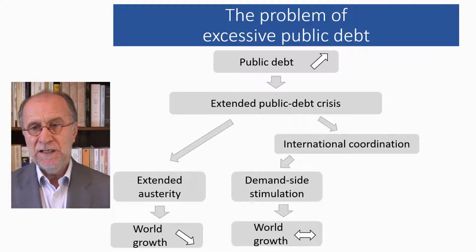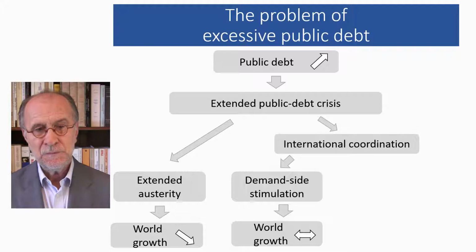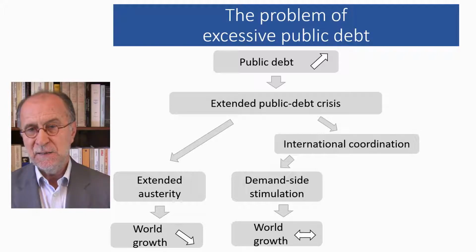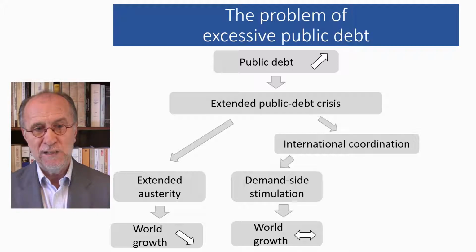Now, you might argue that dealing with the public deficit by stimulating demand contradicts what I said earlier. But stimulating demand in just one country is not the same as stimulating demand everywhere simultaneously.